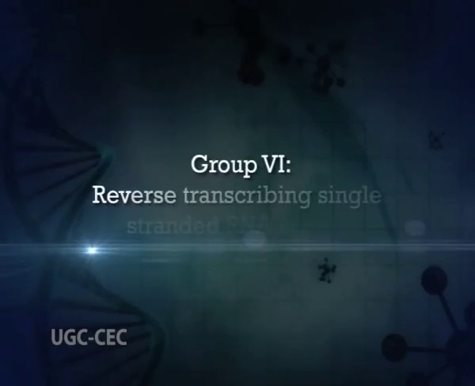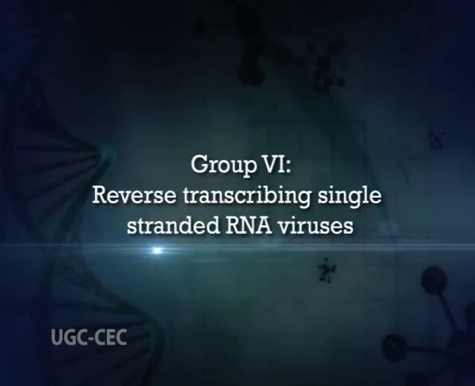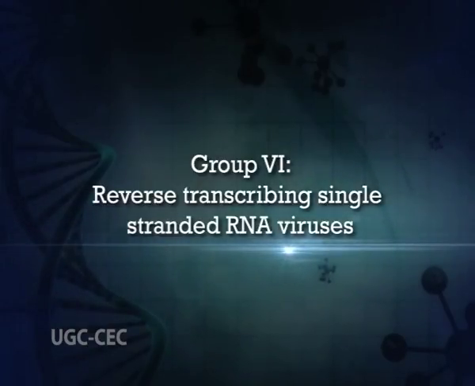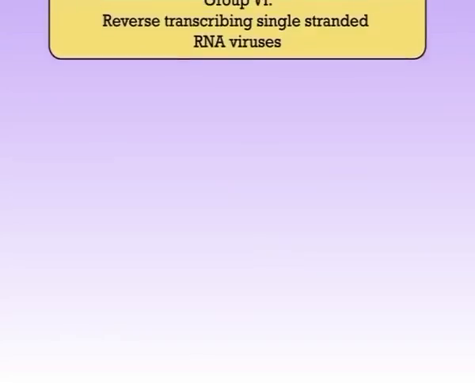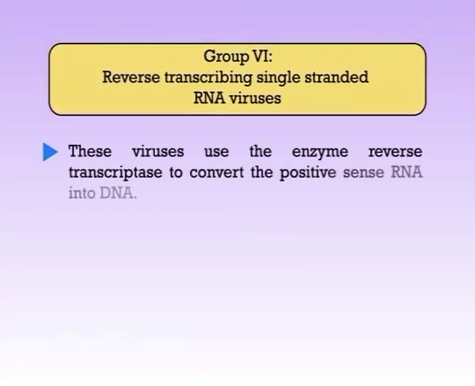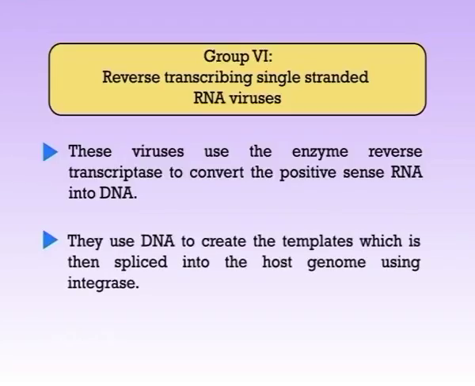Next, coming to Group 6 viruses, these include the reverse transcribing single-stranded RNA viruses. These viruses use the enzyme reverse transcriptase to convert the positive-sense RNA into DNA. They use DNA to create the template, which is then spliced into the host genome using integrase.